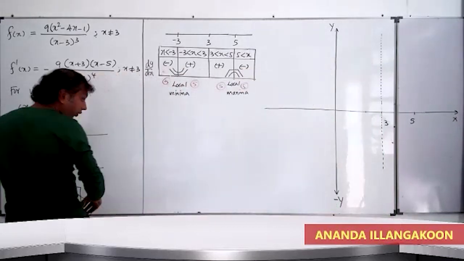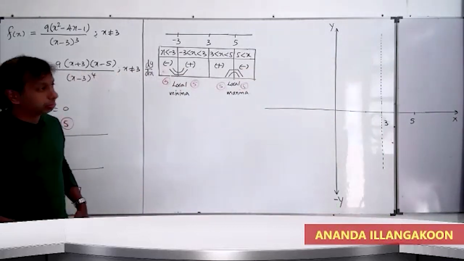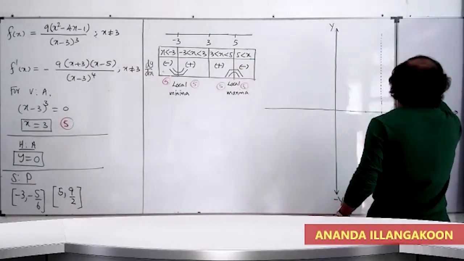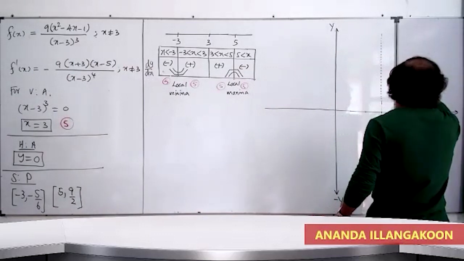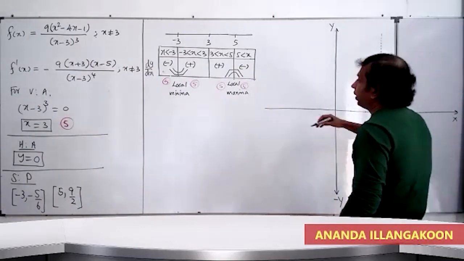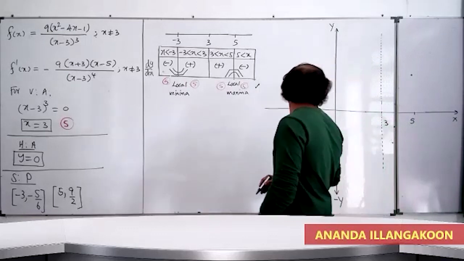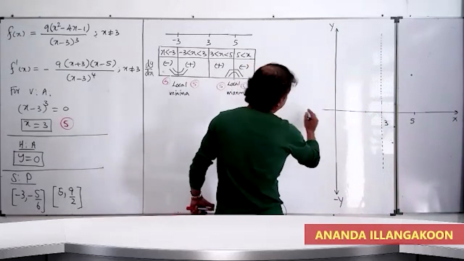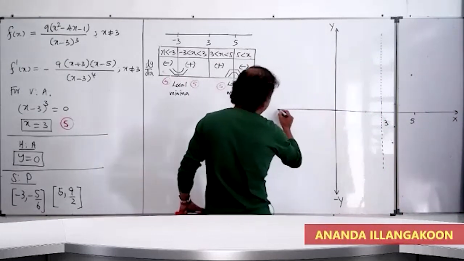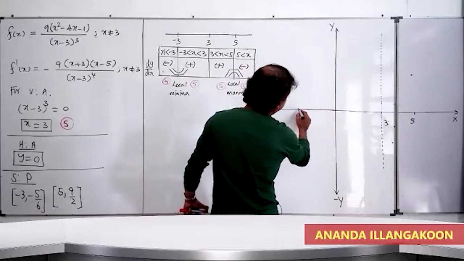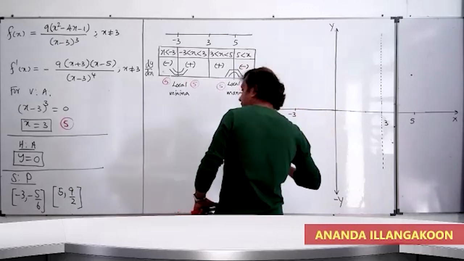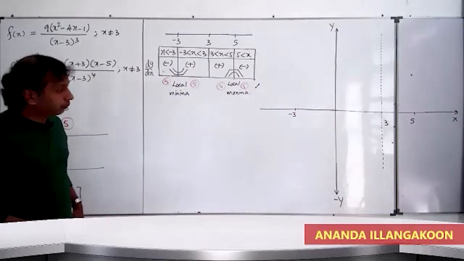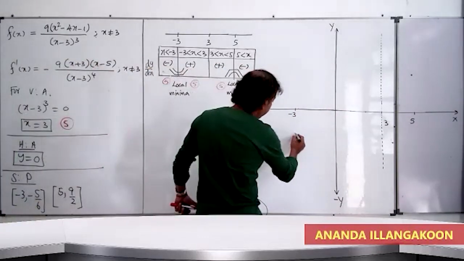X equals 5, y equals 9 by 2, somewhere here, 4.5. There is a maximum. X equals -3, somewhere here, no? X equals -3, y is -5 by 6, somewhere here.